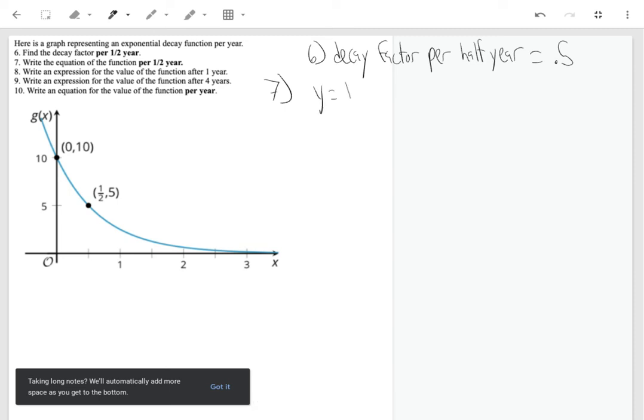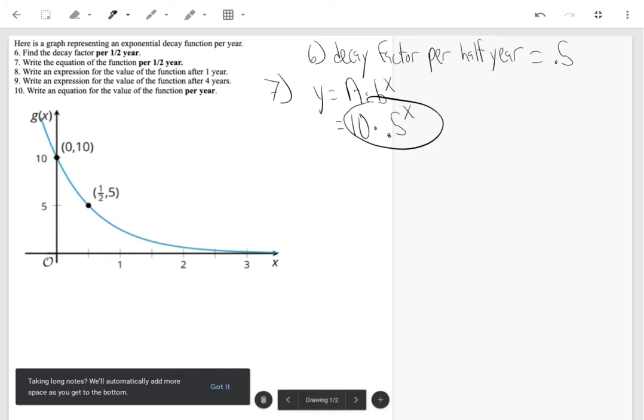If we fill in our formula, what's our initial value? My initial value is 10. So 10 times, we already said our decay factor is a half, to the power of x. 10 times a half to the power of x is the answer to number 7.